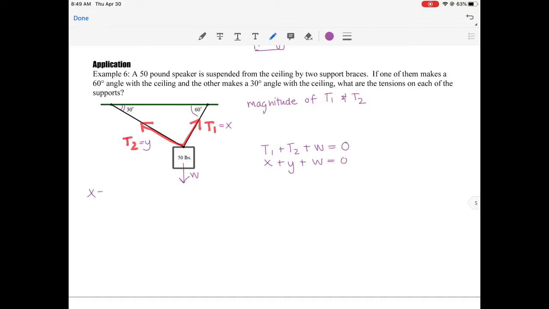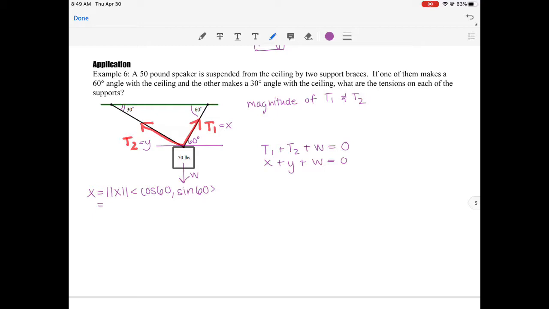So vector x, in this case, we have to think about the direction. This angle down here could also be 60. So remember we said, hey, if we take the magnitude of x, we can rewrite that as cosine, in this case, of 60, and then also sine of 60. We learned that last time.